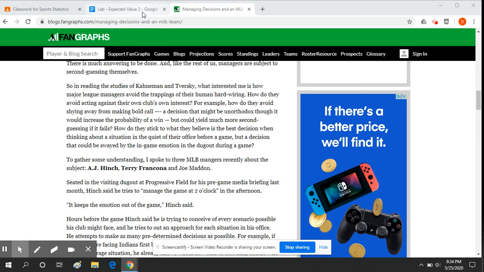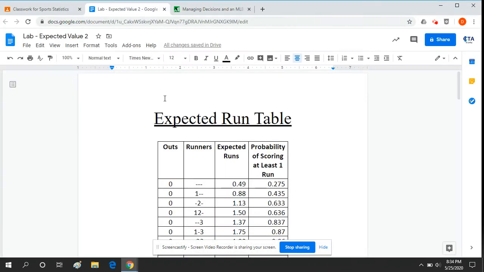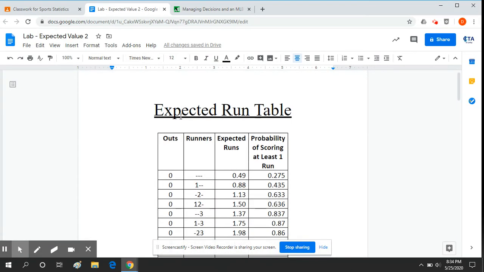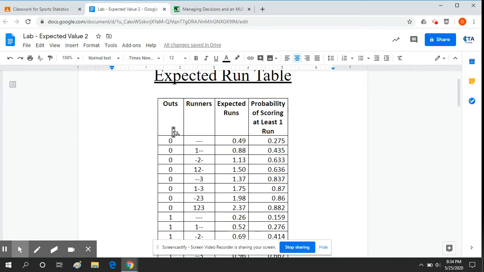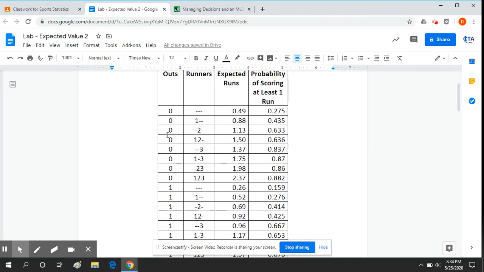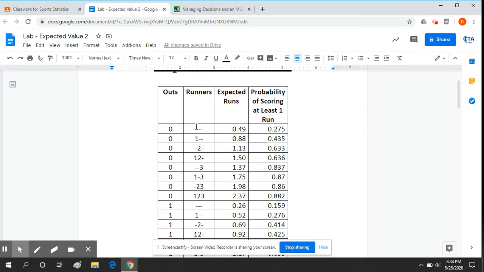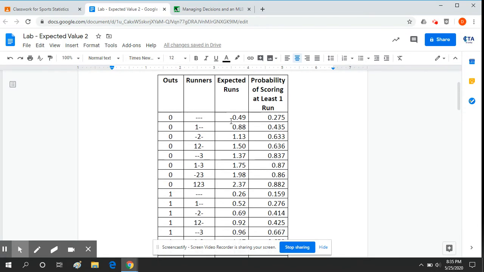As far as the lab goes, on the very first page, you're going to see what's called an expected run table. And this basically is the equivalent of that calculator that we used in the football lab. So what we can see here is there's a column for outs, a column for runners, a column for expected runs, and then a column for the probability of scoring at least one run.